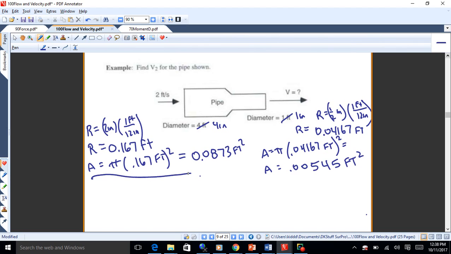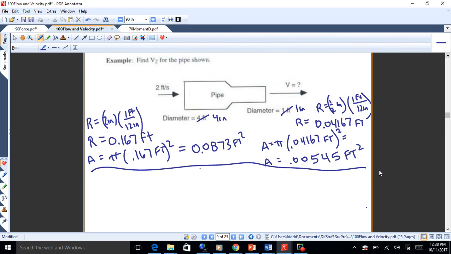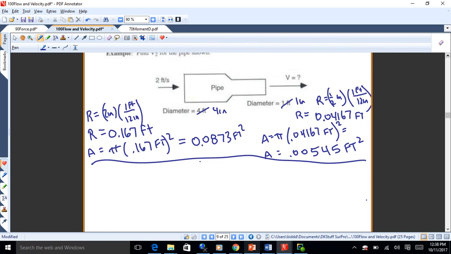That'd be the next thing to do: find the flow rate coming into that pipe. So to find the flow rate, just take the velocity times the area.